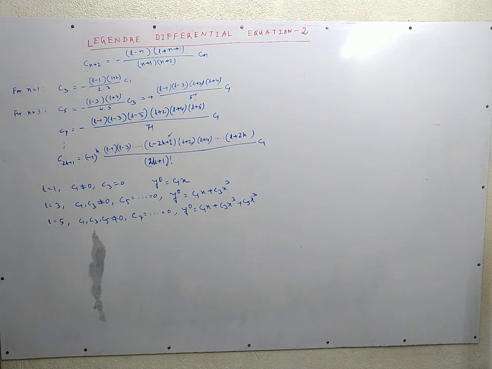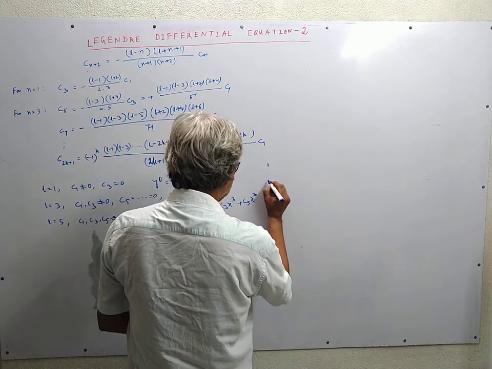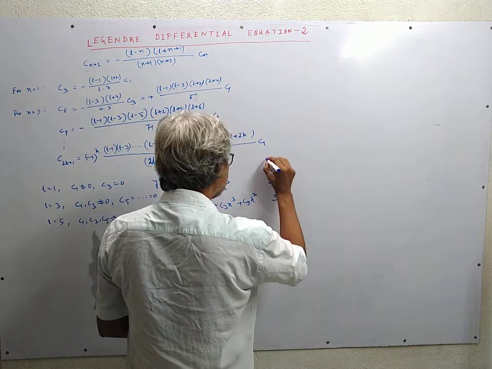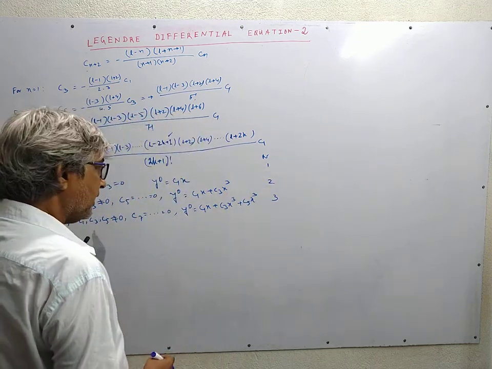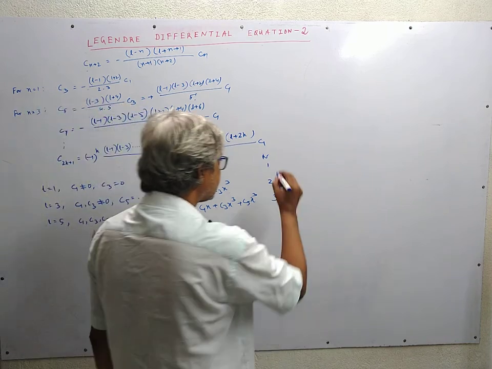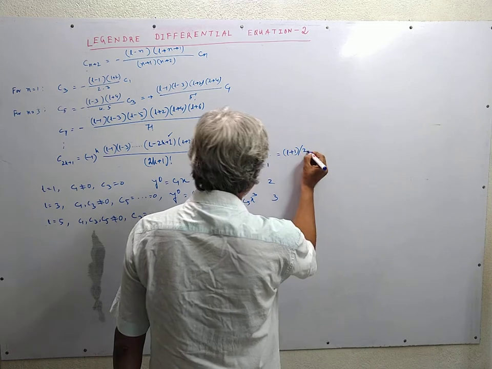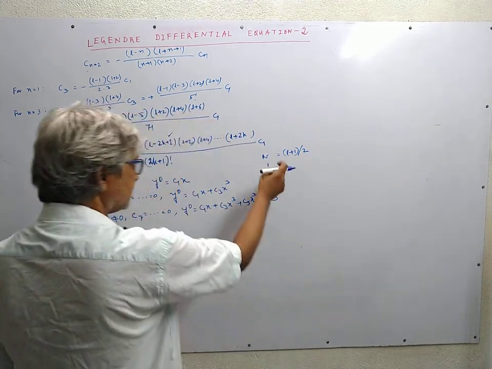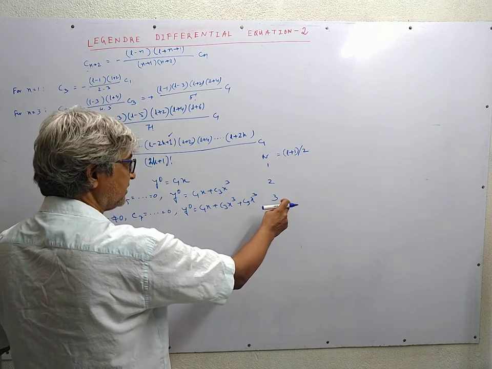Now, the number of terms is 1, 2 and 3. These are the capital N values. Now, if we want to relate, this is simply L plus 1 by 2. When L is equal to 1, this is 1, L is equal to 3, 2, L is equal to 5, it is 3.